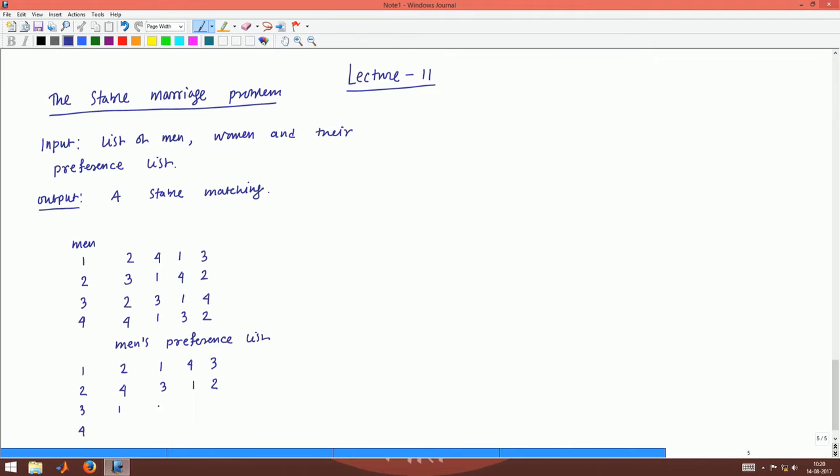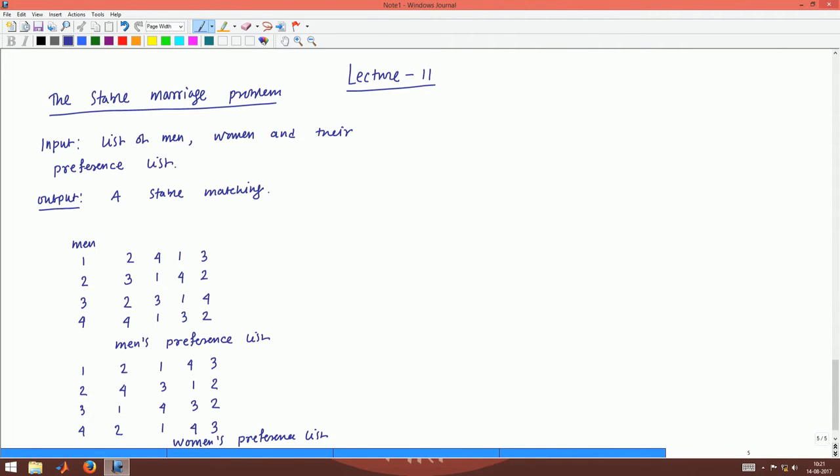For the third woman it is 1, 4, 3, 2 and for the fourth woman the preference list is 2, 1, 4, 3. So, this list is the women's preference list. Okay.